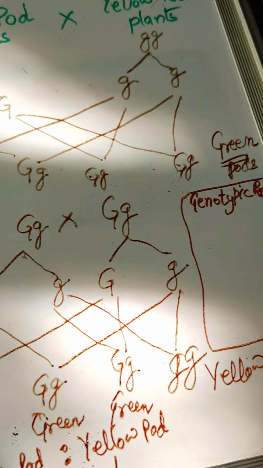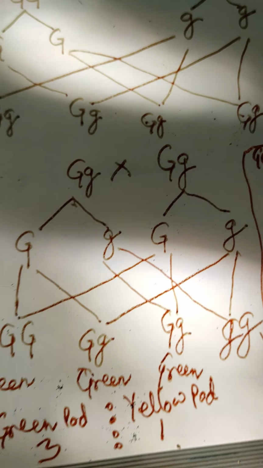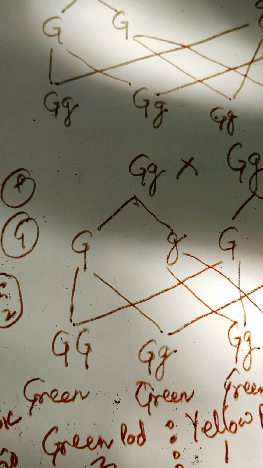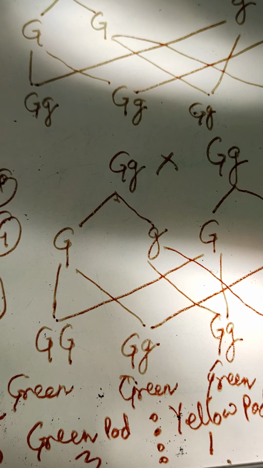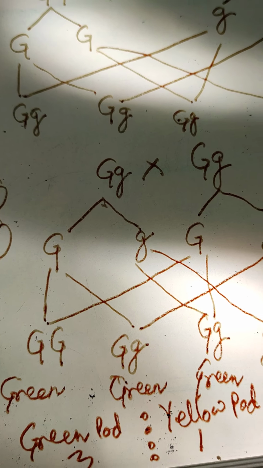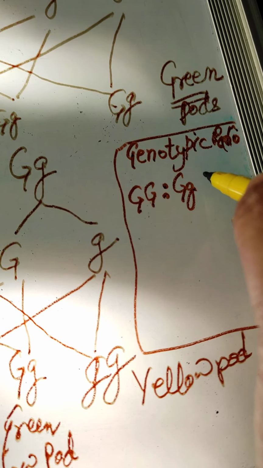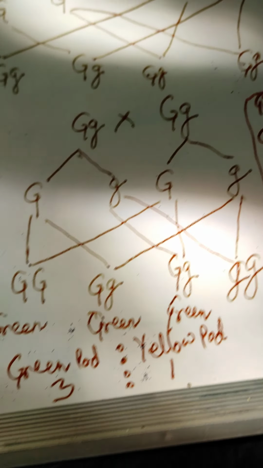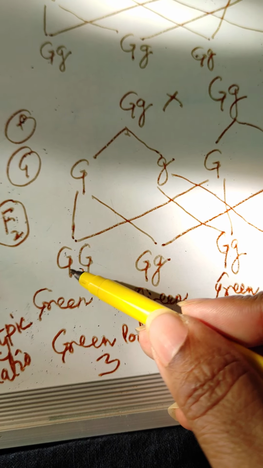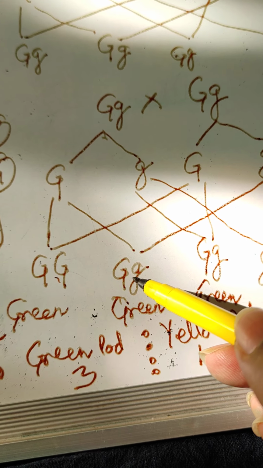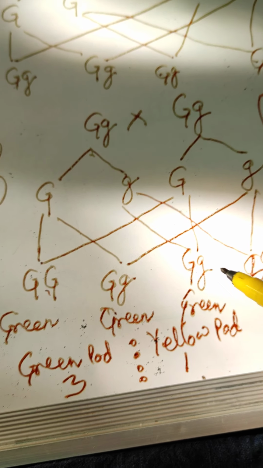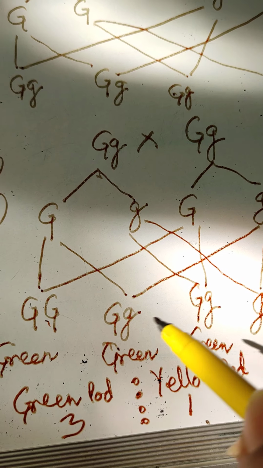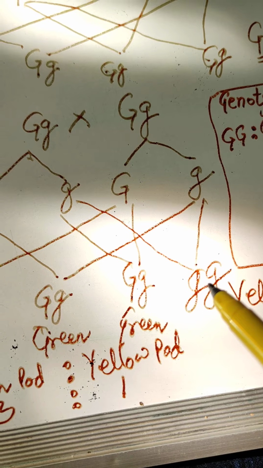Whatever genes we have got, we will write the genotypes: capital G capital G, capital G small g, capital G small g, and the last is small g small g. Out of 4, we have 1. These two are the same and this is different.